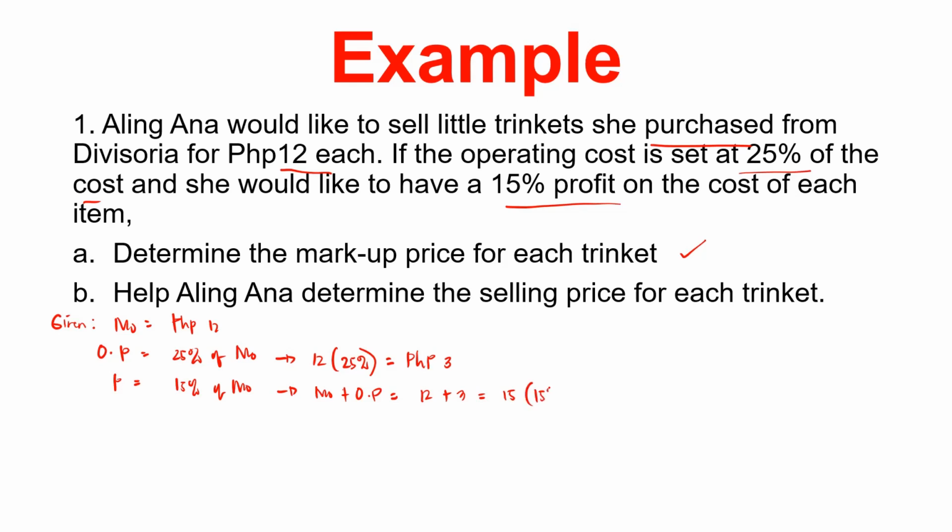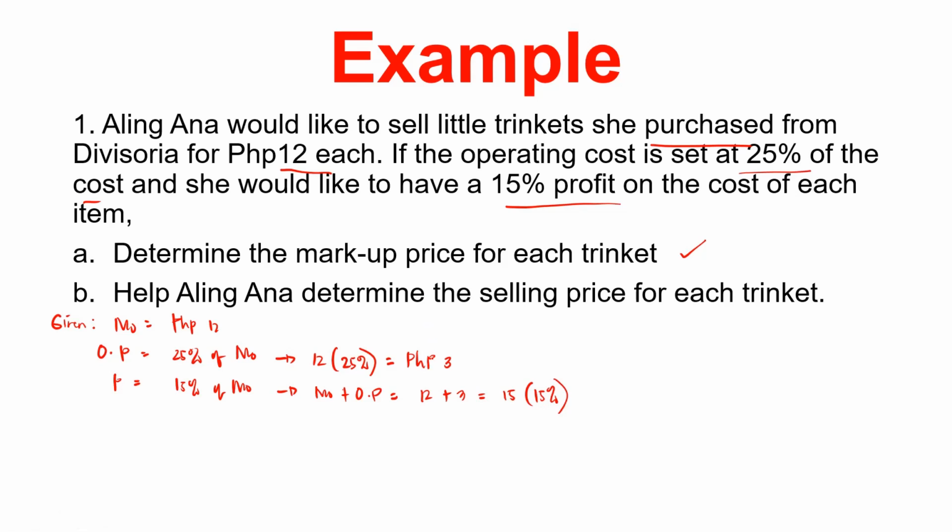So, 15% or 0.15. Again, by the definition, profit is the money earned after the cost price and the operating costs are being accounted.